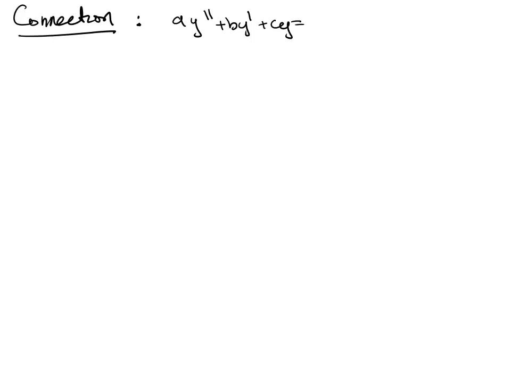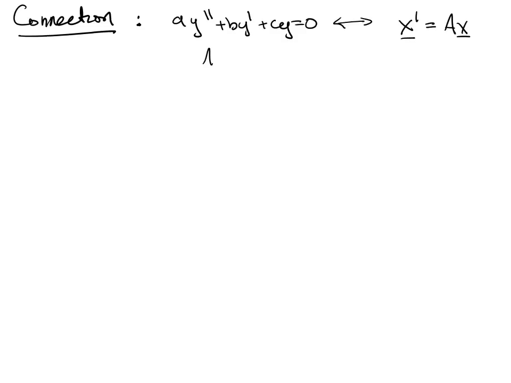Okay, so now I want to explain the connection between the method we used to solve the homogeneous second order equation, which was this auxiliary polynomial, and the method we used to solve a homogeneous system of ODE, which was the diagonalization method.